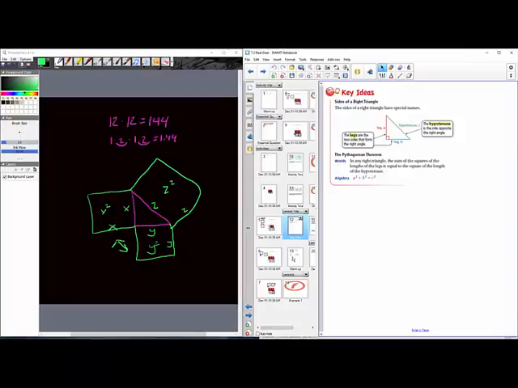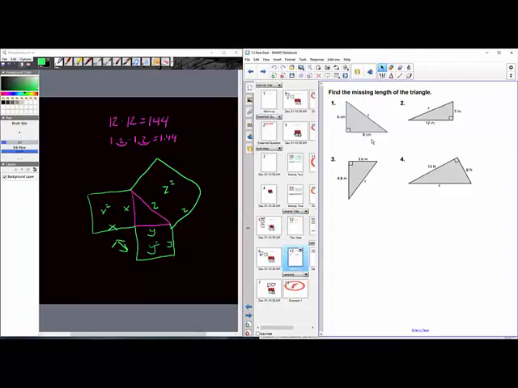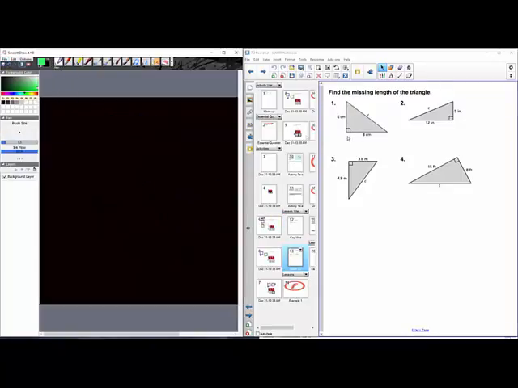That's all it's saying. So if I look here, I'm going to have my 6 by my 8, right? So I'm going to make my triangle. I'll have 6, I'll have 8. I'm going to extend this out and make a box. So it's a 6 by 6 box, right?